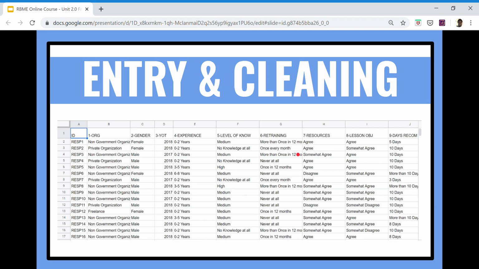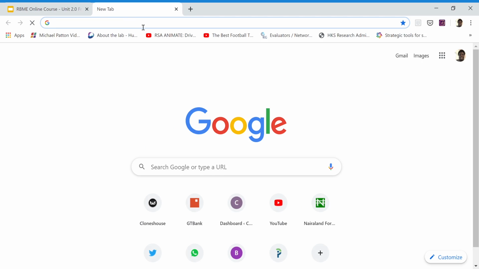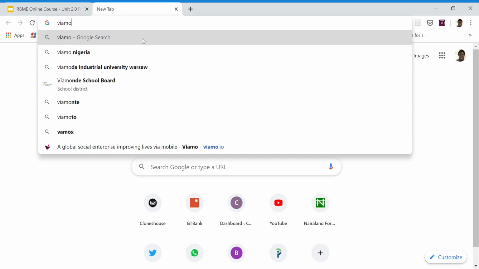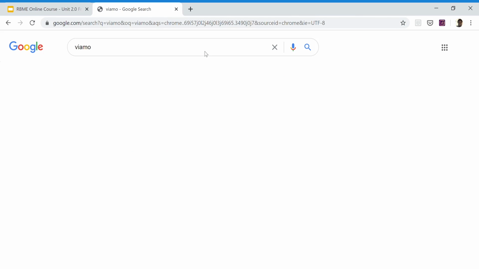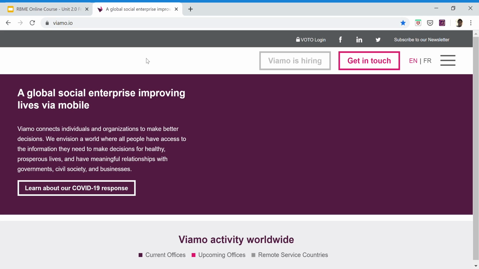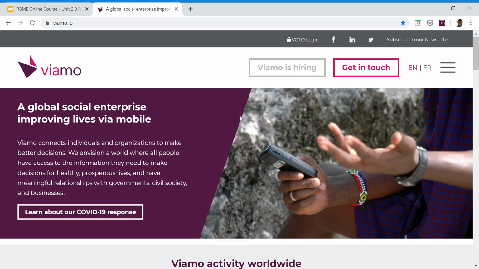So recently there has been a wave of mobile data collection. VMO is a good mobile data collection tool. I know we did not discuss much about this, but I think it might be useful for us.